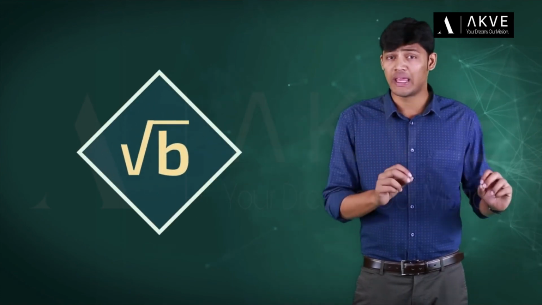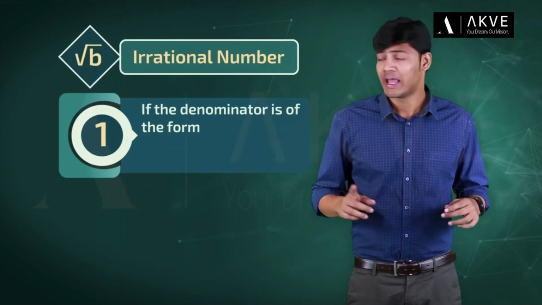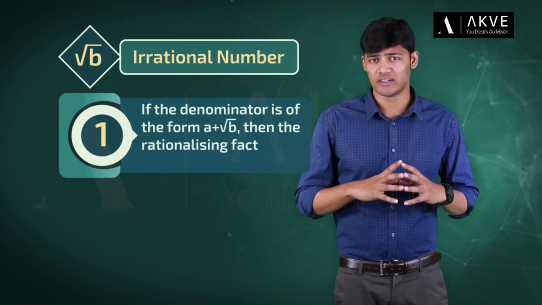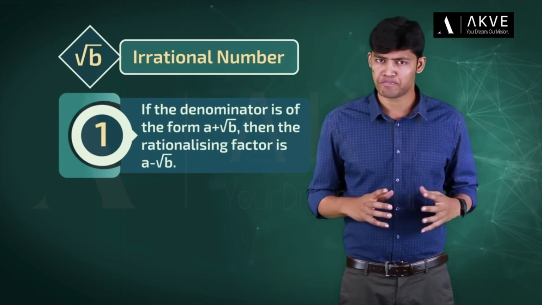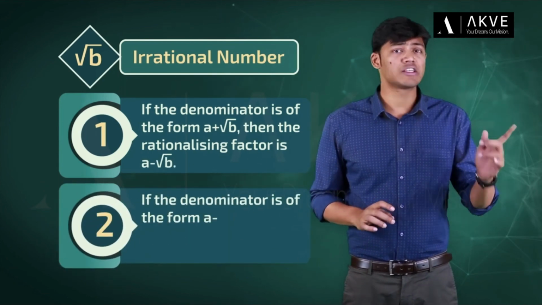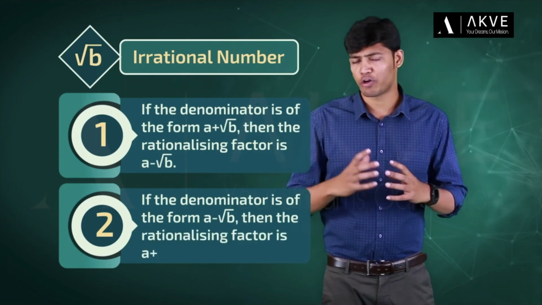Now, let's generalize this. If square root of b is an irrational number, and if the denominator is of the form a plus square root of b, then its rationalizing factor is a minus square root of b. And now, if the denominator is of the form a minus square root of b, then its rationalizing factor will be a plus square root of b.